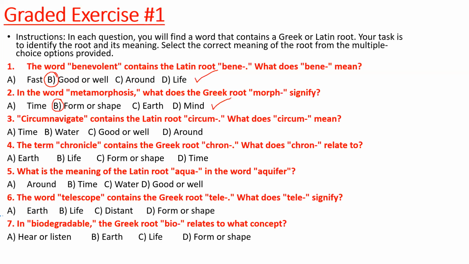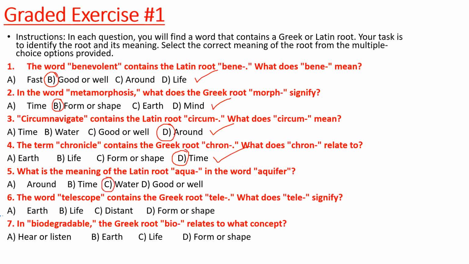Circumnavigate. What does circum mean? Around. Very good. D, around. That's what that is, around. Chronicle. What does chron mean? Time. Very good. And aqua. What does that mean?